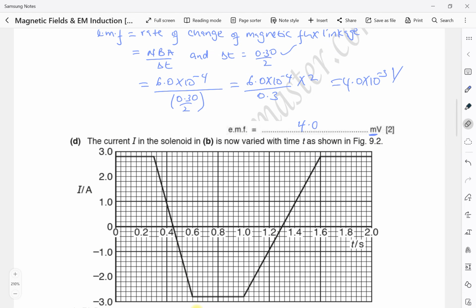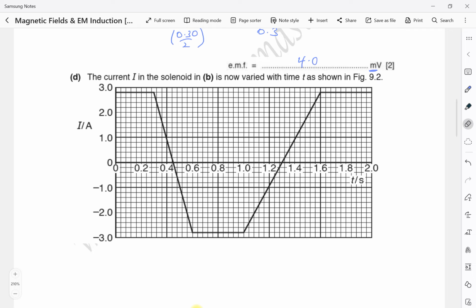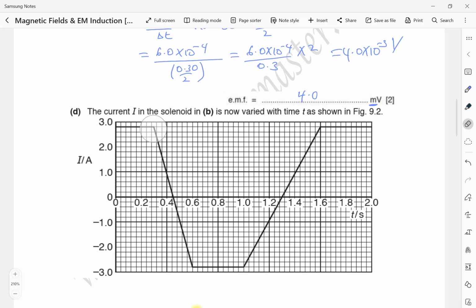The current I in the solenoid is now varied with the time t as shown in the figure here. We notice that here the current is constant. And remember, whenever the current is constant, it means the magnetic flux linkage is constant.